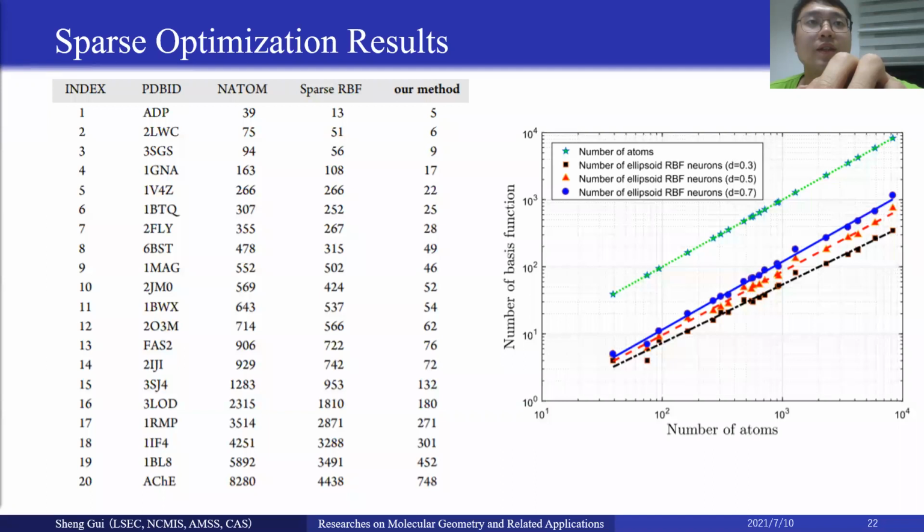Okay, 20 biomolecules are chosen to be sparsely represented by our ellipsoid RBF neural network and the sparse RBF method. This table shows the final number of effective basis functions from the results of our method and the sparse RBF method.